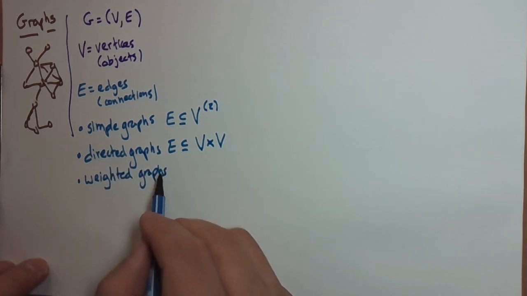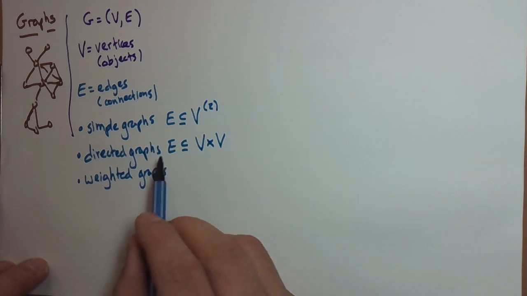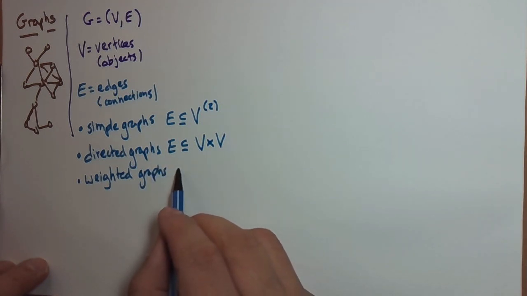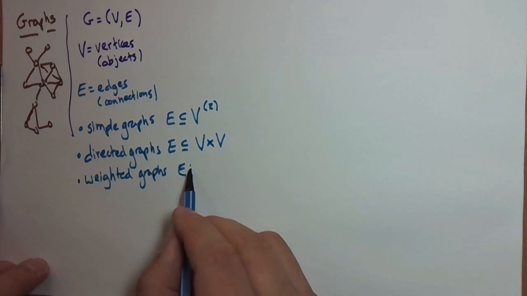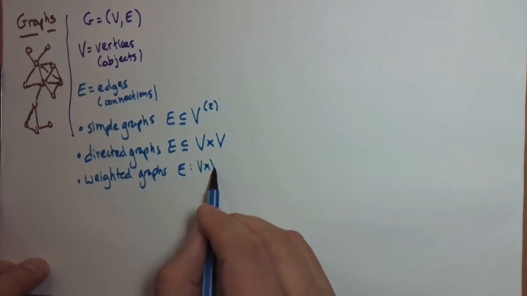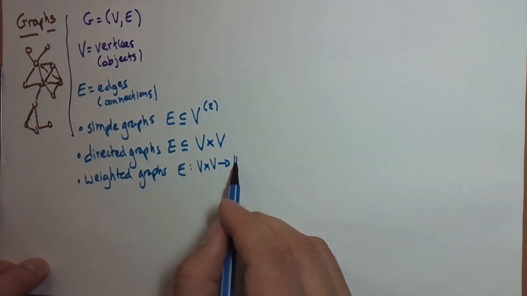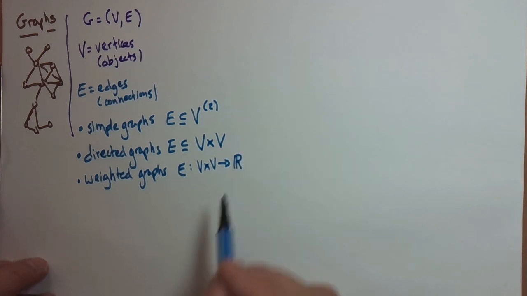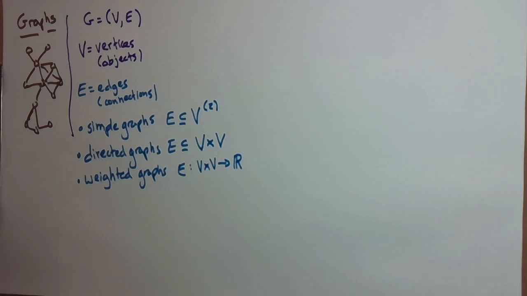In this case we don't have subsets. We think of E as a function from V cross V into some space, let's say R. So we assign weights to the edges, and now our weighted graphs carry information. It's a lookup table to say how much weight we have.